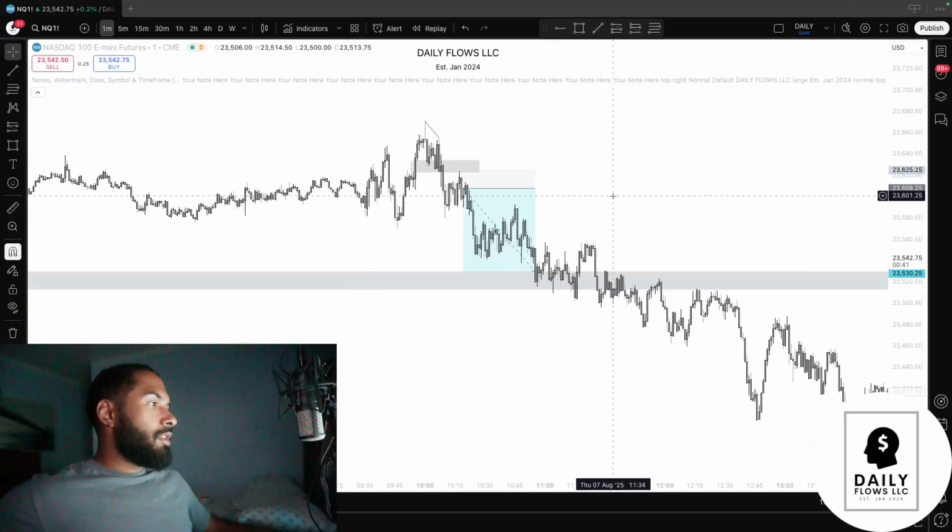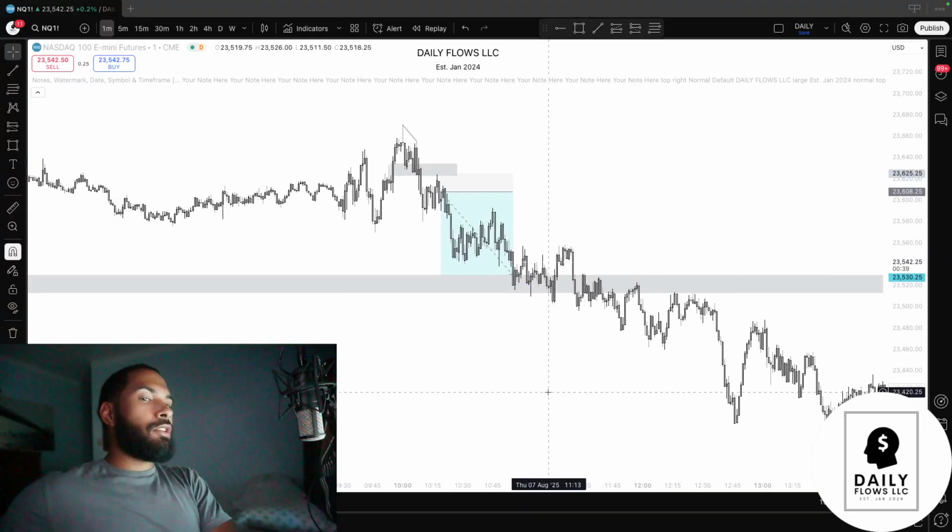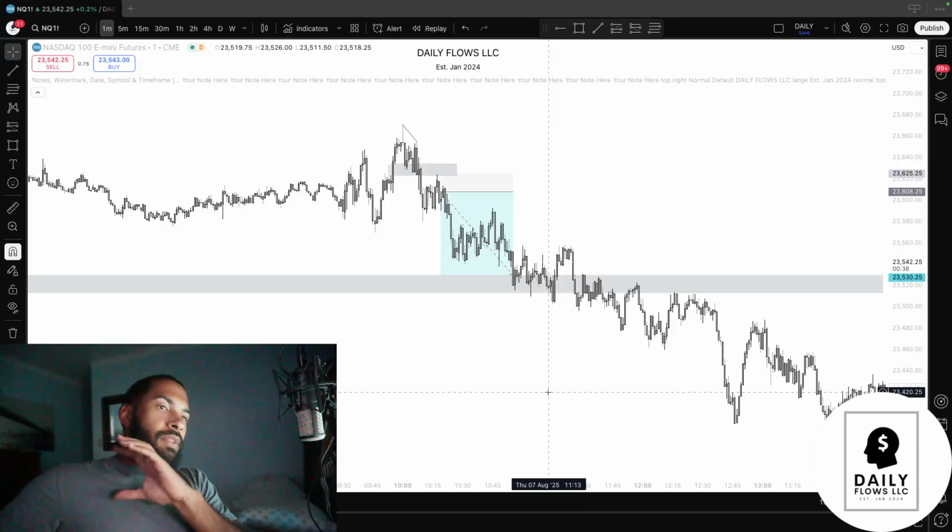So pretty much what I want you to grasp from this video is that if liquidity is too far away, then target a fair value gap.